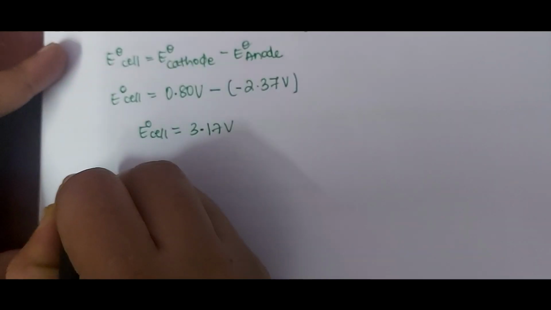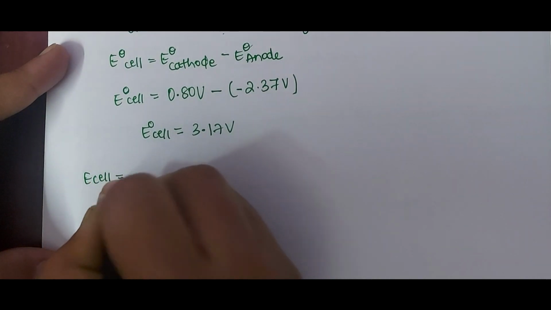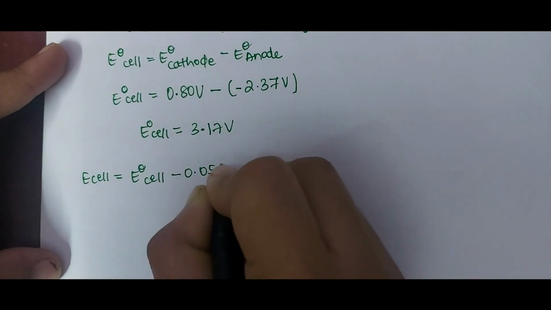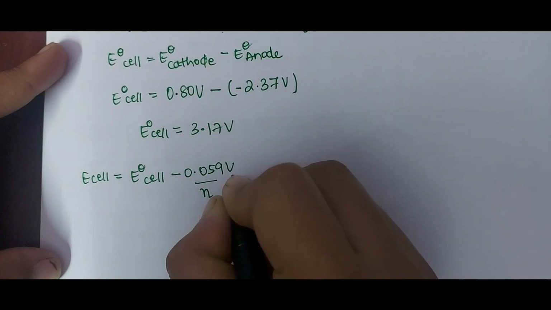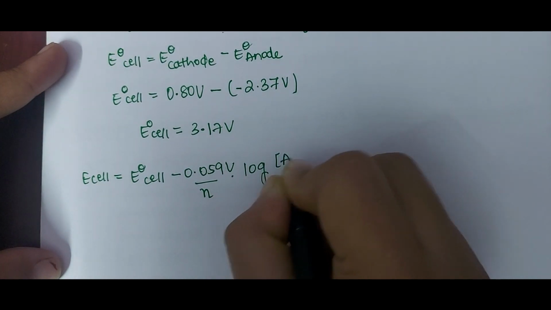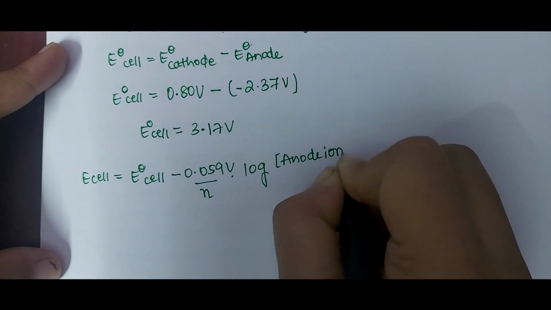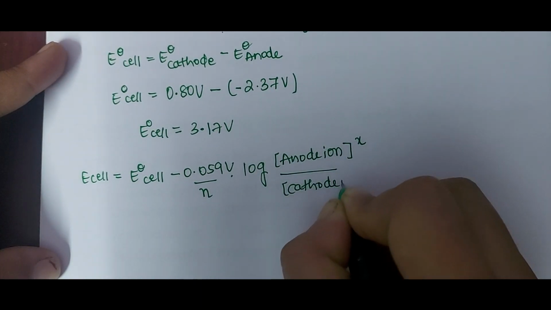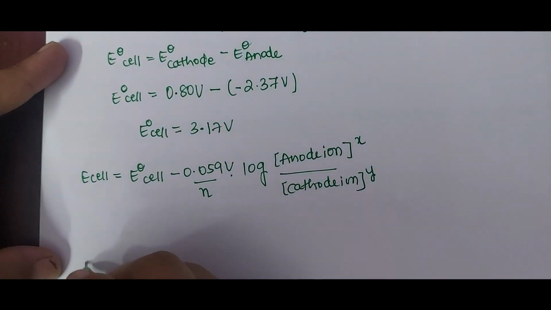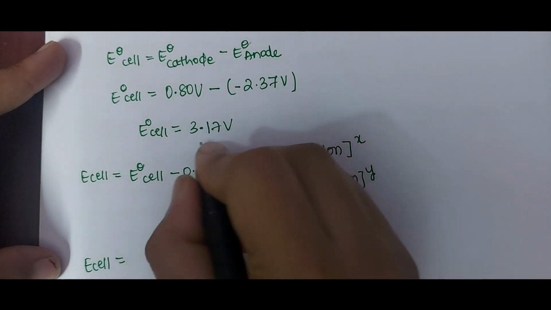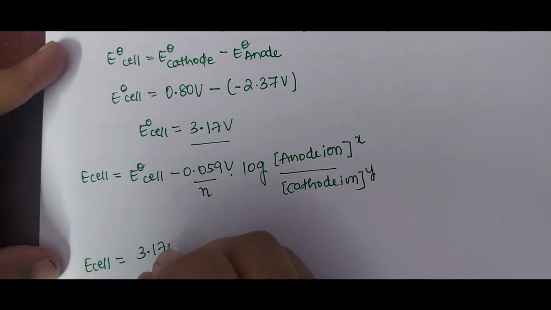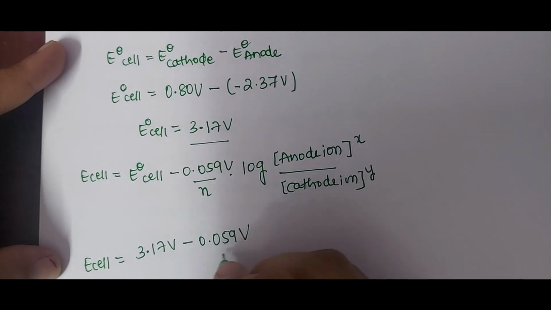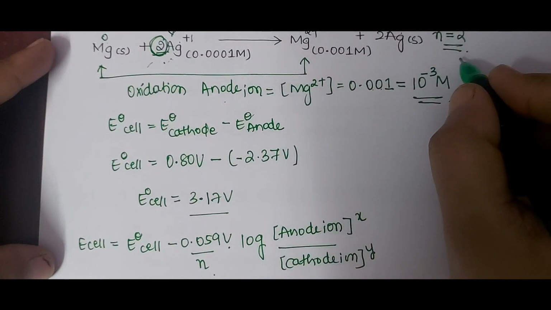E0 value. Now we'll write the Nernst equation. How can the Nernst equation be written? E cell equal to E0 cell minus 0.059 volt divided by N into log of concentration of anode ion to the power X divided by cathode ion to the power Y. So E cell equal to E0 cell, which is already calculated. How much did we get? 3.17 volt minus 0.059 volt divided by N value, which we have already calculated, it is equal to 2.